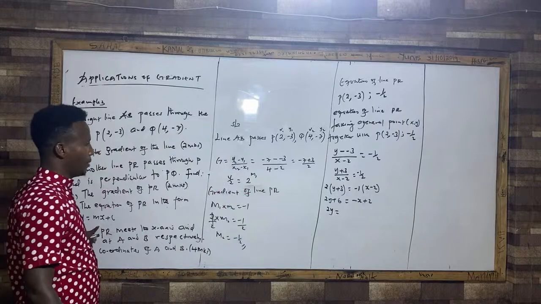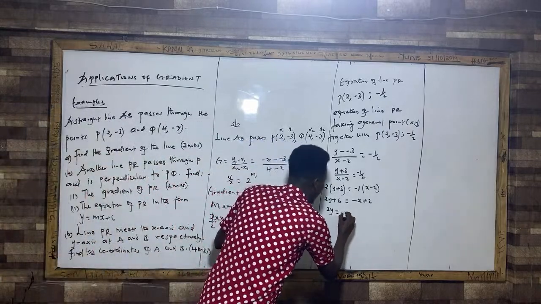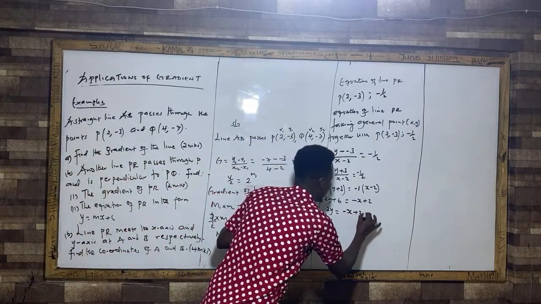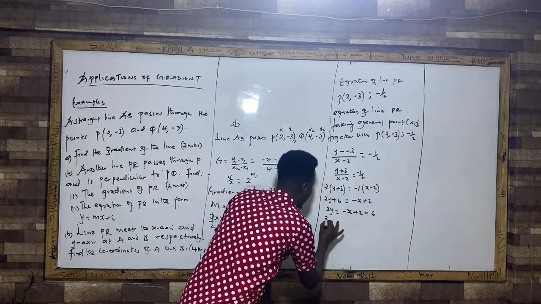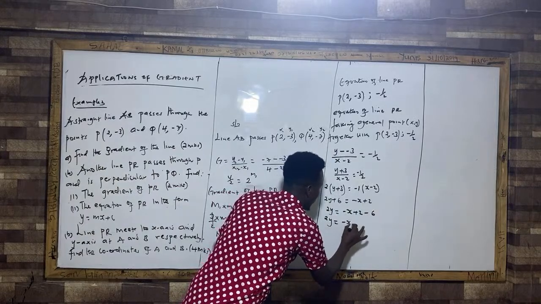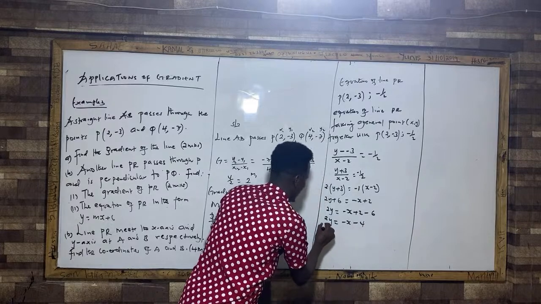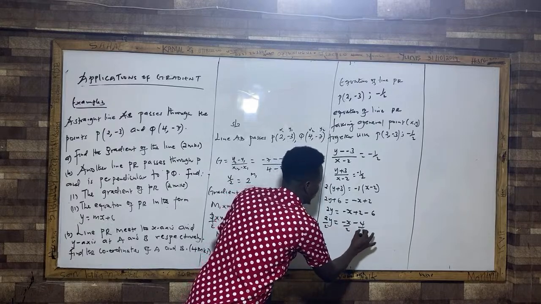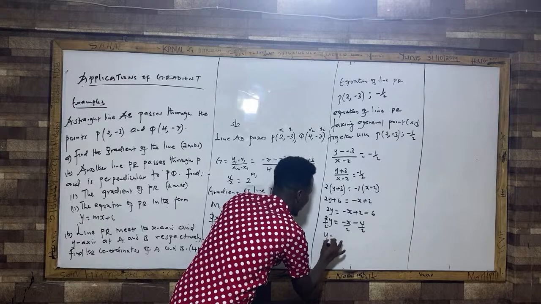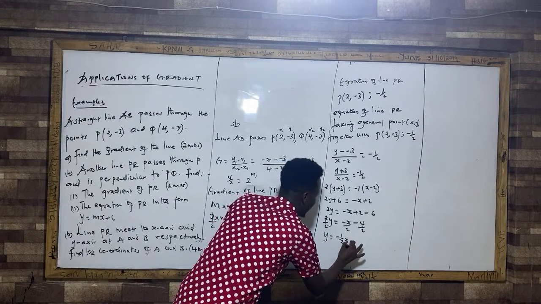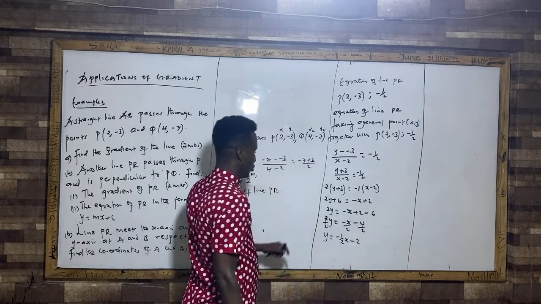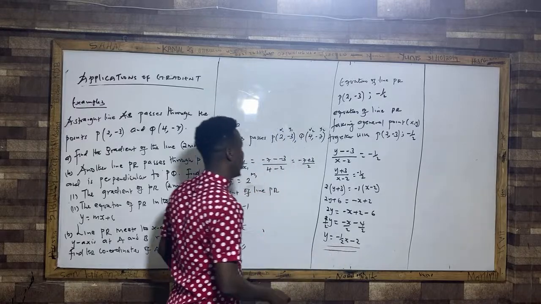Y is equal to what? Mx plus c. So it will be 2y is equal to minus x plus 2 minus 6. So I will have 2y is equal to minus x minus 4. Divided throughout by 2. Cancel. So y is equal to negative half x minus 2. So this is the final answer.